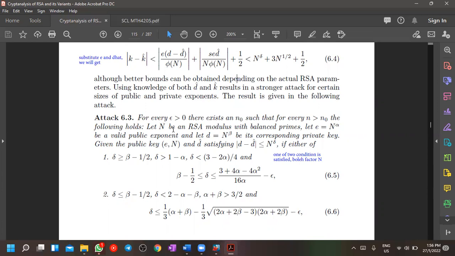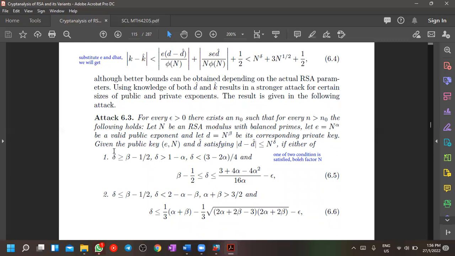So we let n be an RSA modulus with balanced primes, and we let e equal n to the power of alpha be a valid public exponent, and let d be its corresponding private key.